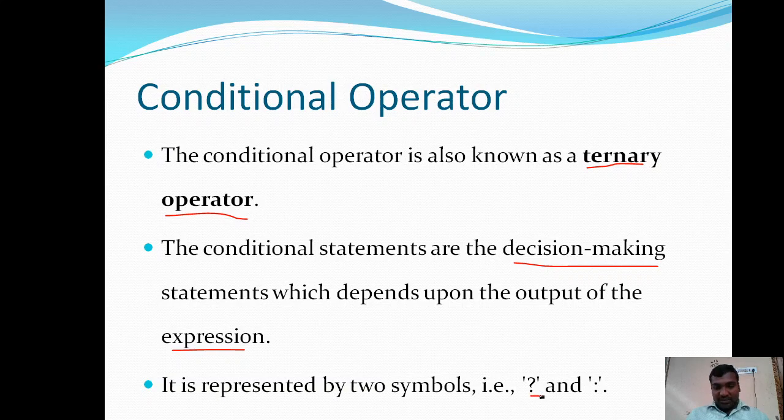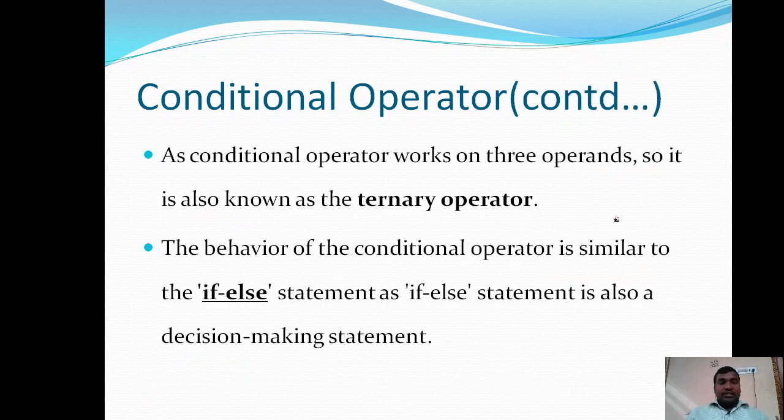Now here the conditional operator is represented with two symbols. One is the question mark symbol and another is the colon symbol. These are the two symbols we use in the conditional operator. The conditional operator works on three operands.